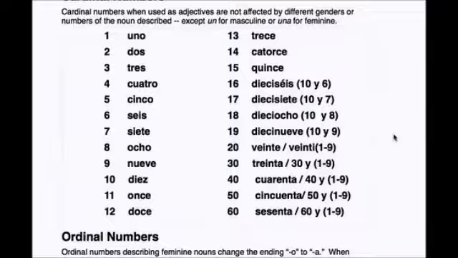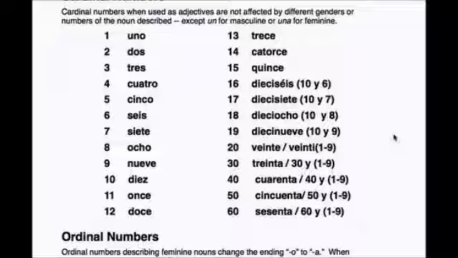Now, cardinal numbers represent a quantity, right? And they are commonly used to describe nouns, to tell us how many of something. When used to describe a noun, we commonly place them in front of the noun. So for example, ¿cómo se dice the problem?